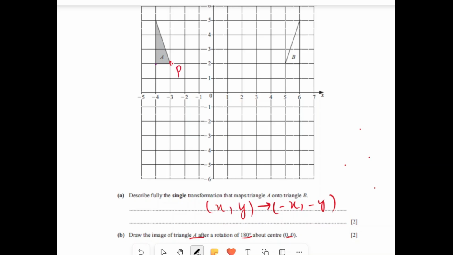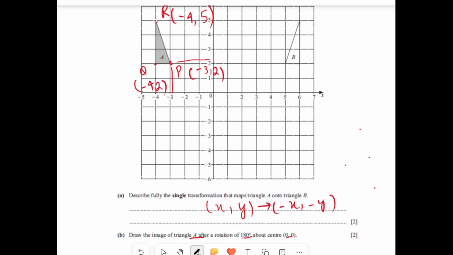P is at -3 on the x-axis and 2 on the y-axis. Q is at -4 on the x-axis and +2 on the y-axis. And let's say this point is R, with x-coordinate -4 and y-coordinate 5. So if we apply this strategy, x, y change into -x, -y.